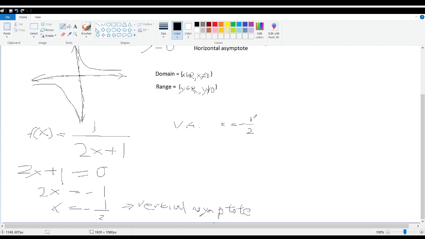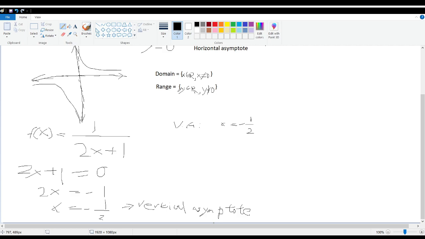How about the horizontal? For the horizontal, there are 3 rules. If the degree of x in the numerator is lesser than the degree in the denominator, then the horizontal asymptote is going to be 0.